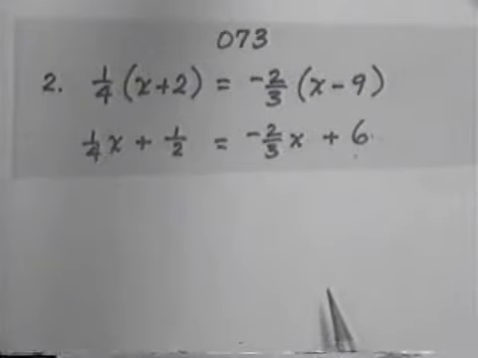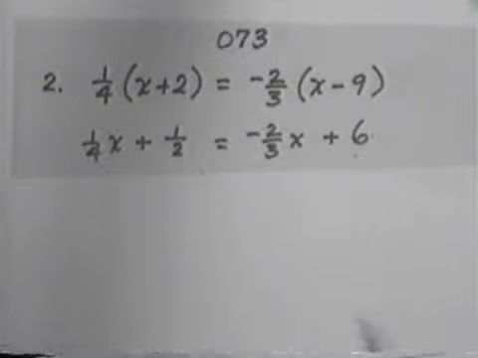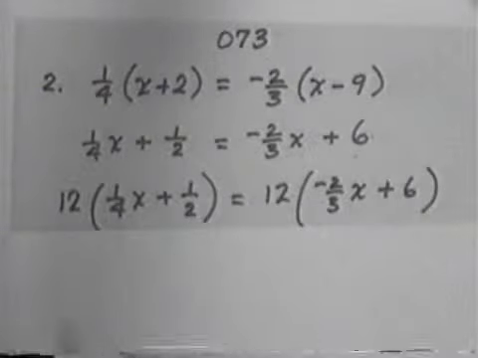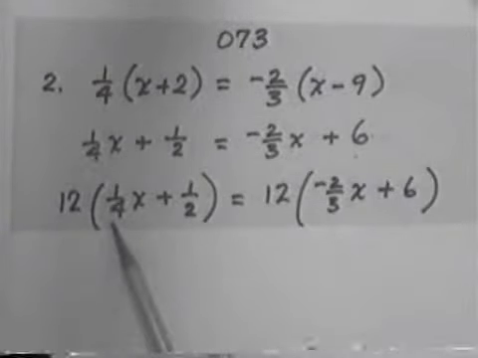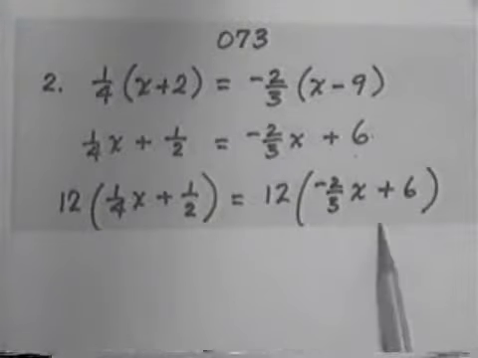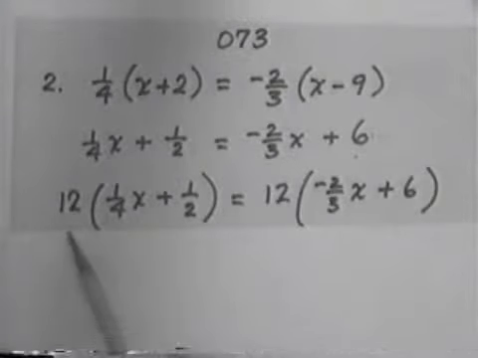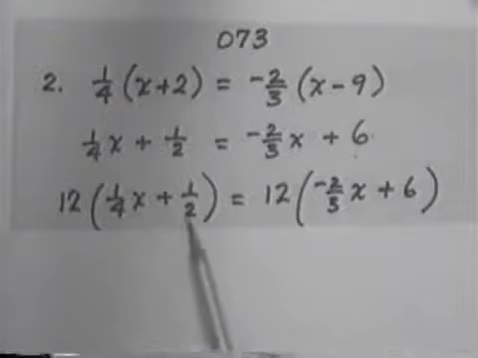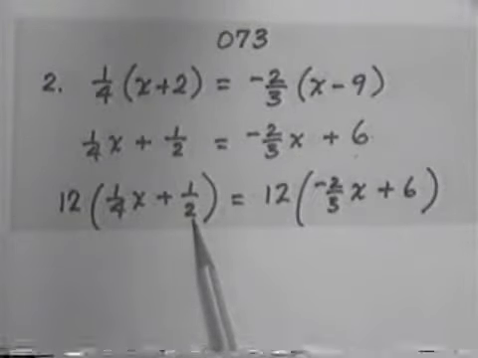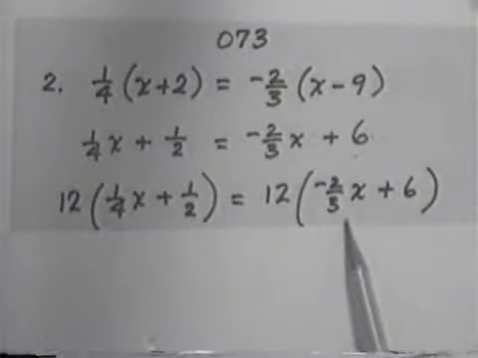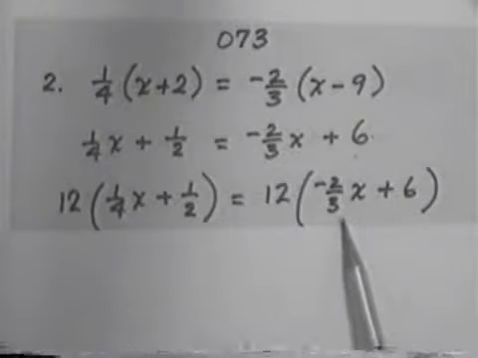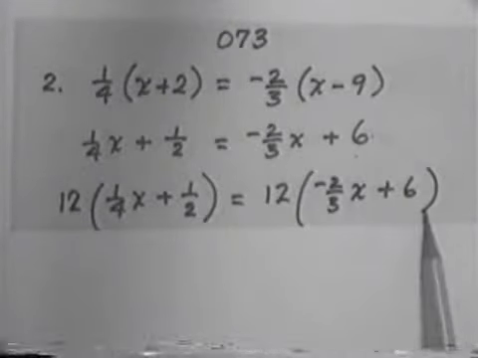So let's multiply both sides of this equation by 12 to eliminate the fractions. 12 times the left-hand side, 12 times the right-hand side. So we have 12 times 1/4 x plus 1/2, in parentheses, equals 12 times, in parentheses, negative 2/3 x plus 6.